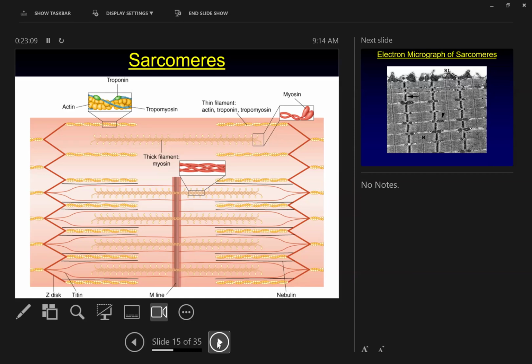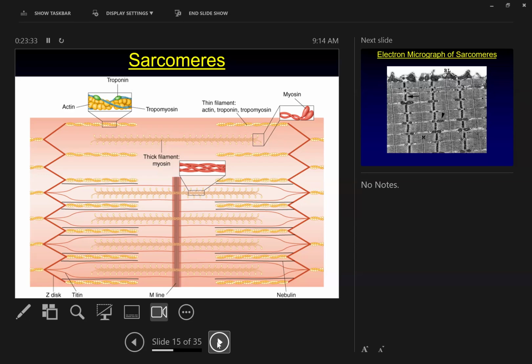Actin is a smaller molecular weight molecule. They're little spheres. We stick the spheres next to each other, take 2 strands of them and wind them together, and you get what's called an actin filament, or sometimes a thin filament.